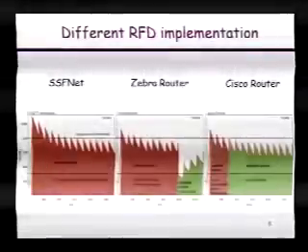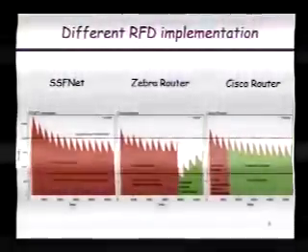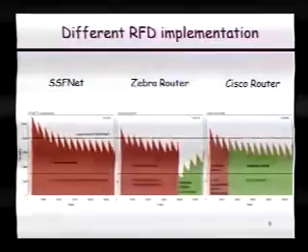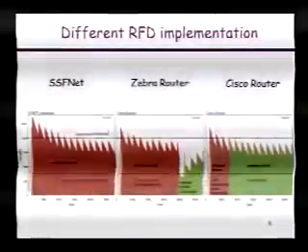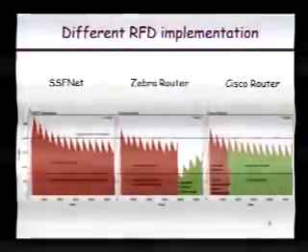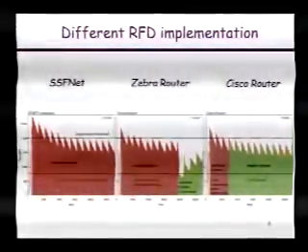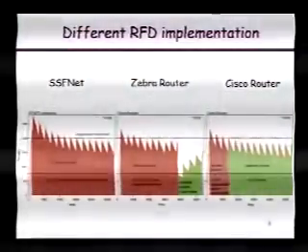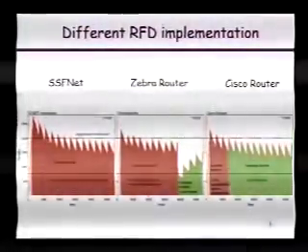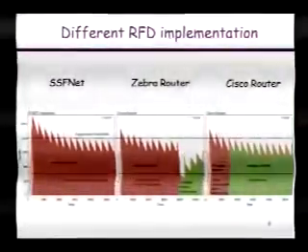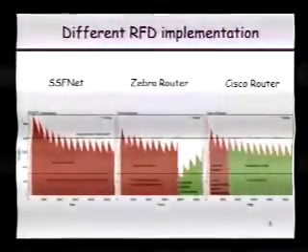One thing I do want to mention is that, remember, in our testbed we have PC-based Zebra routers and also some Cisco routers. We did the dampening experiments on both platforms. Although the attack can take effect on both platforms, we still found some interesting things.